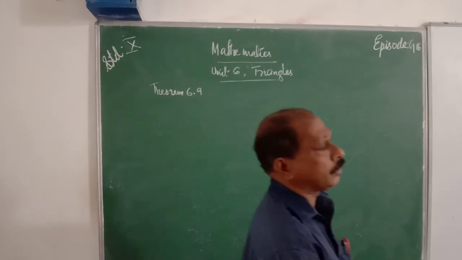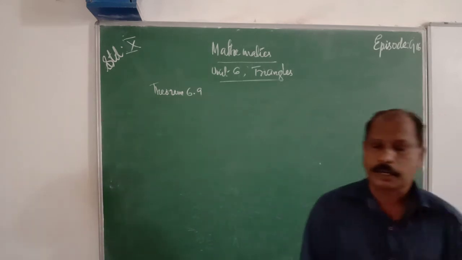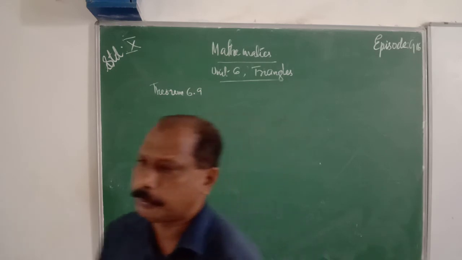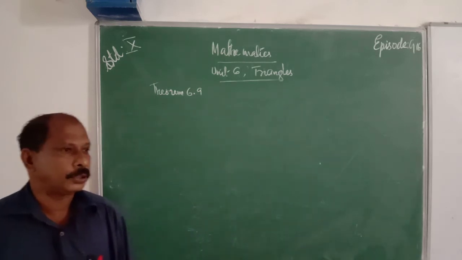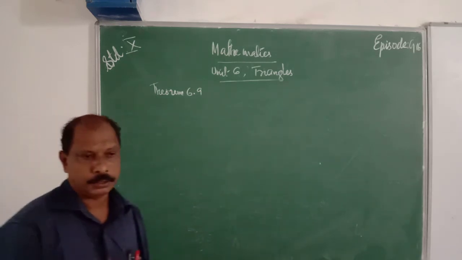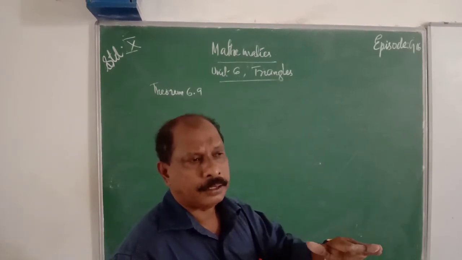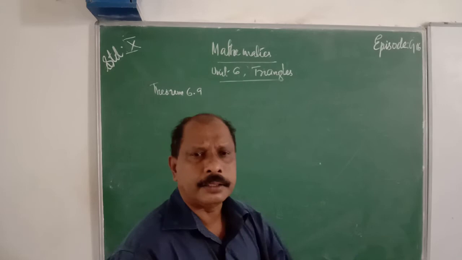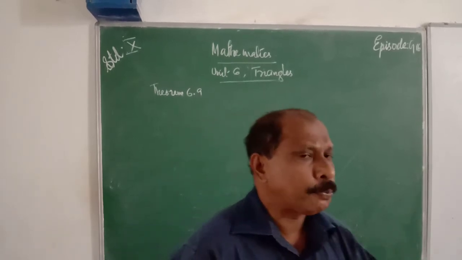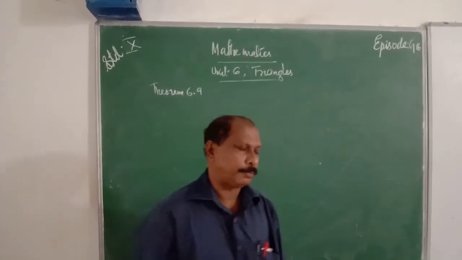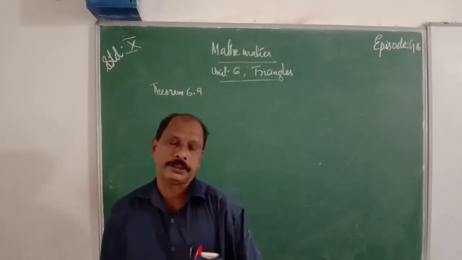What is the Pythagoras theorem? In a right angle triangle, where one angle is 90 degrees, the sum of squares of the base and altitude is equal to the square of the hypotenuse. In the statement, what is given is angle B is 90 degrees, and we have to prove the Pythagoras theorem, that is AB square plus BC square is equal to AC square.